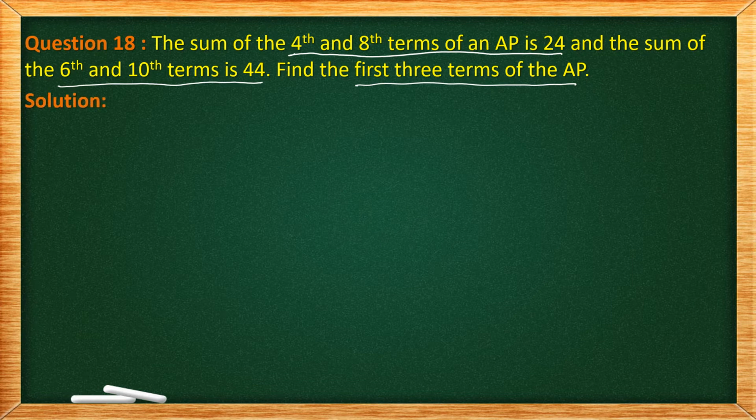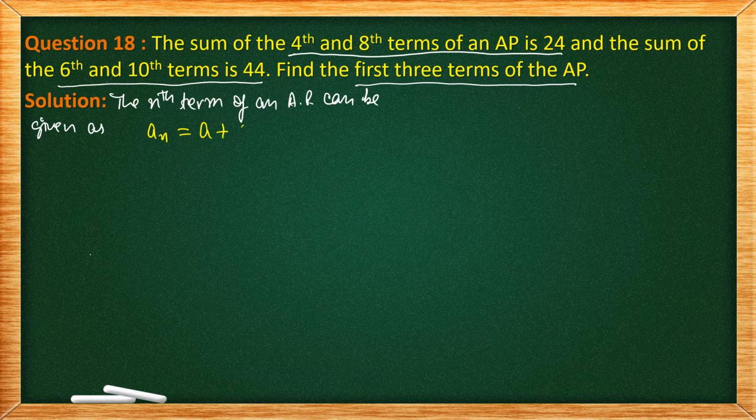Now we know the nth term of an AP can be given as an is equal to a plus n minus 1 into d.